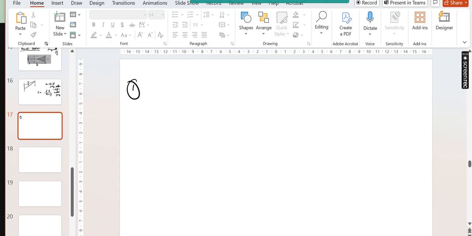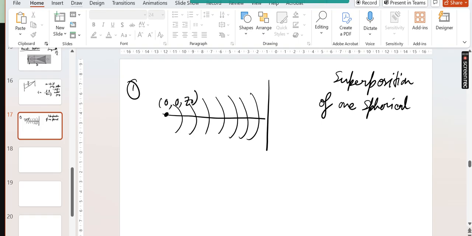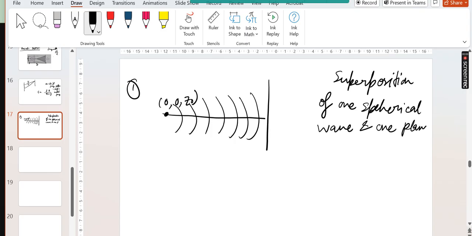So consider the superposition of one spherical wave whose locus is at 0, 0, z0, and one plane wave. What will be the fringe pattern?